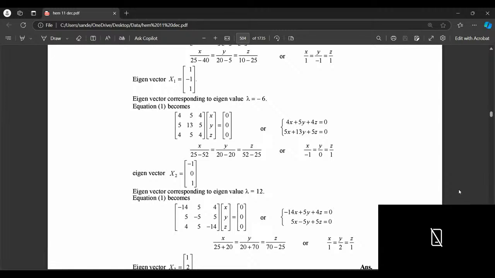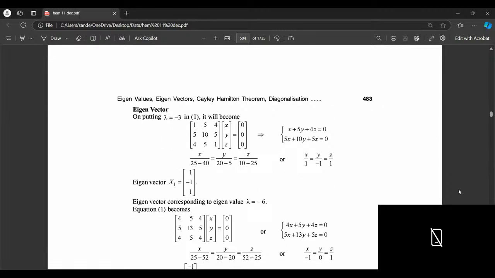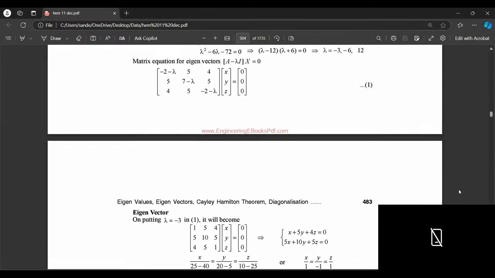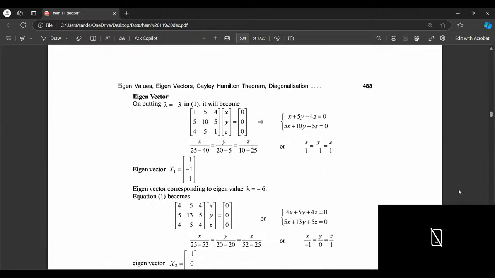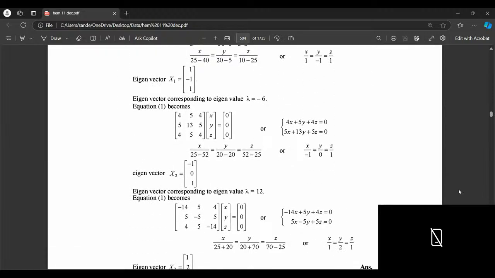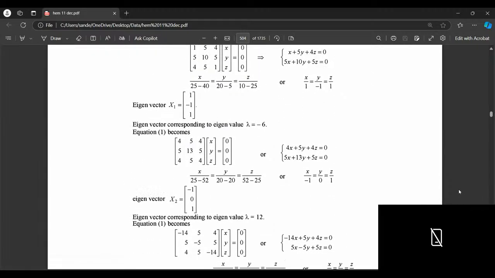Put lambda equal to minus 6: 4 5 4, 5 13 5, 4 5 4.